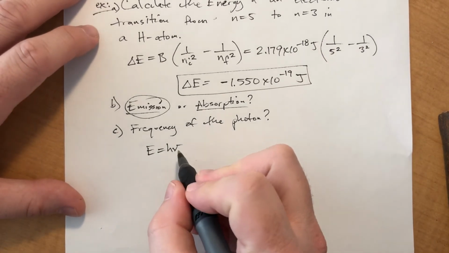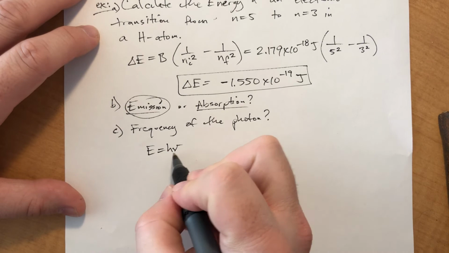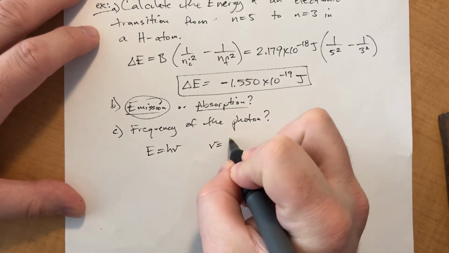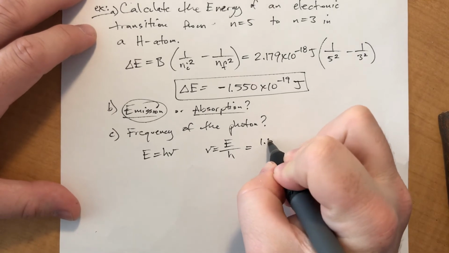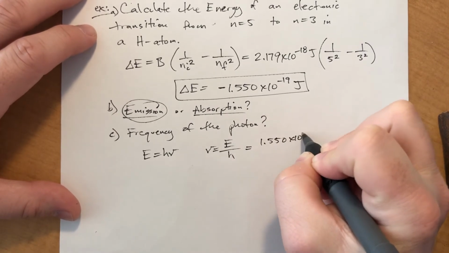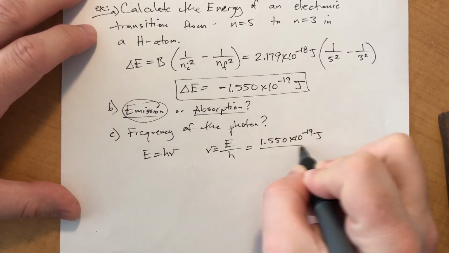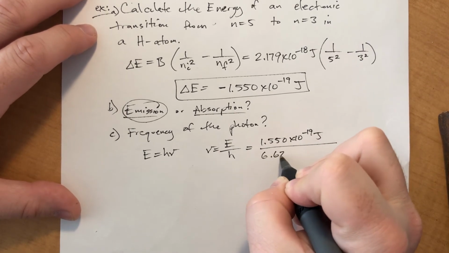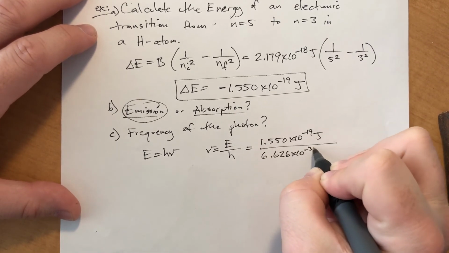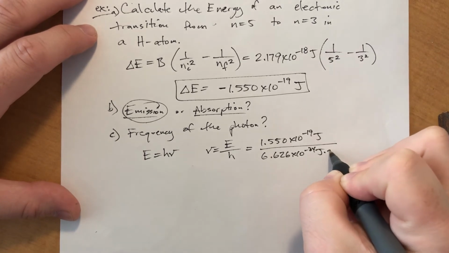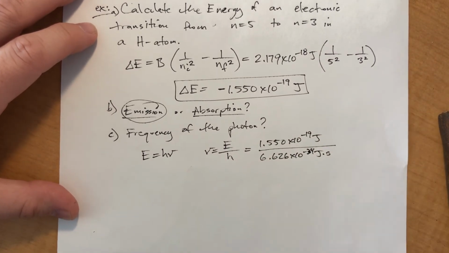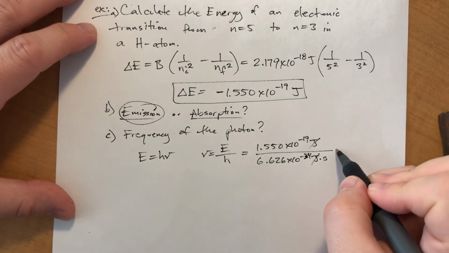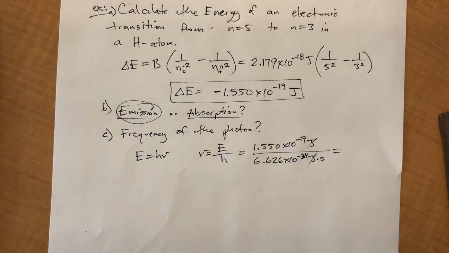We're solving for nu, so I'm going to divide h to the other side, and nu equals E over h. So E is 1.550 times 10 to the negative 19th joules. H is 6.626 times 10 to the negative 34th joule seconds. Wow, that looks terrible. Joules will cancel out, and you end up with 1 over seconds, which is great because we're solving for frequency.